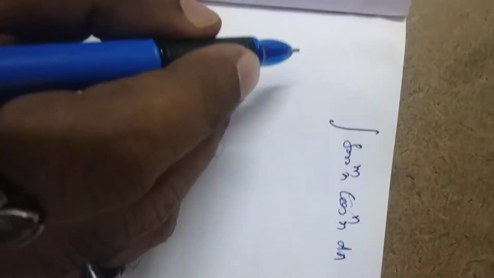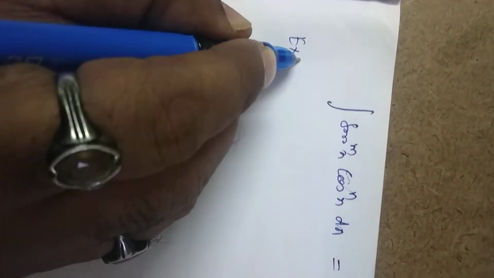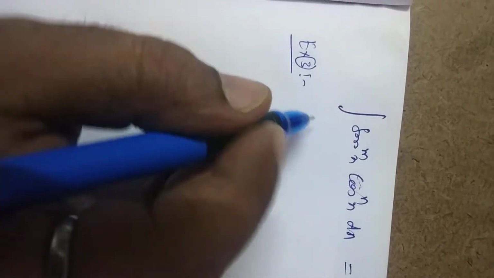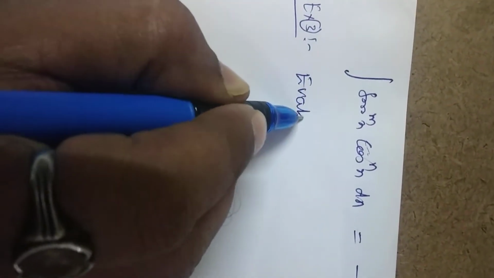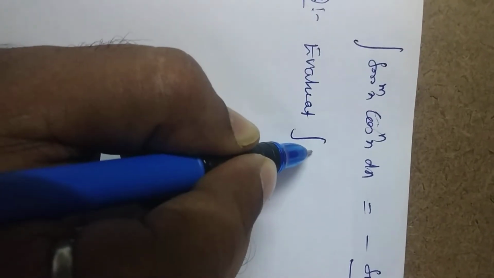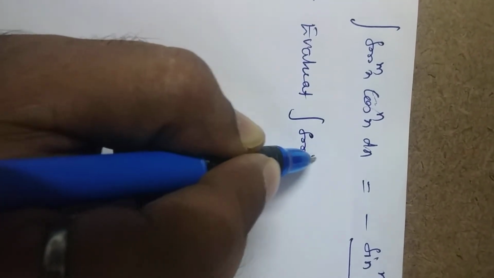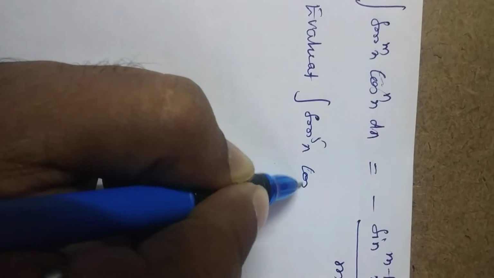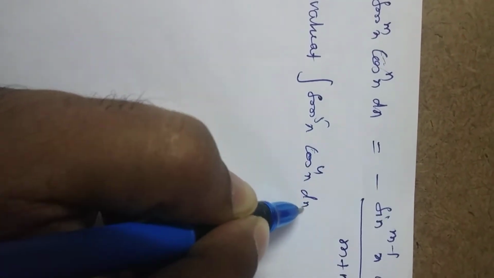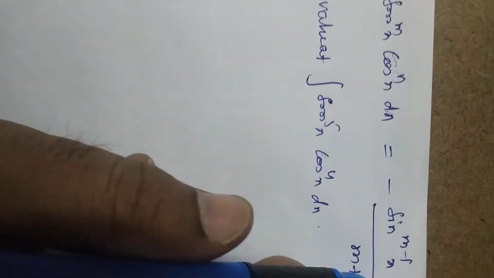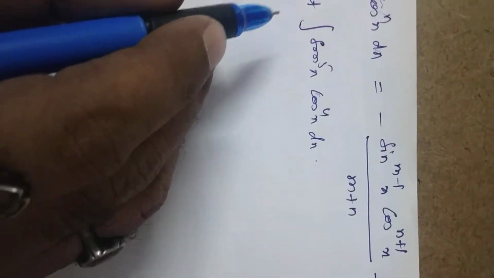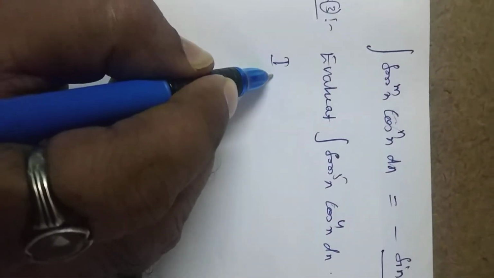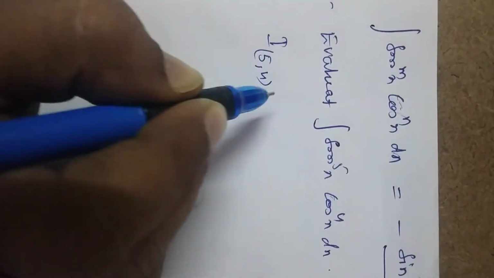So example number 3. Evaluate the integration of sin^5 x cos^4 x dx. If I apply the second formula, here m, n means 5, 4.